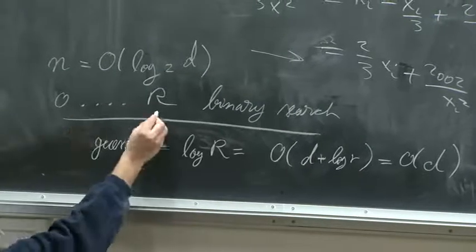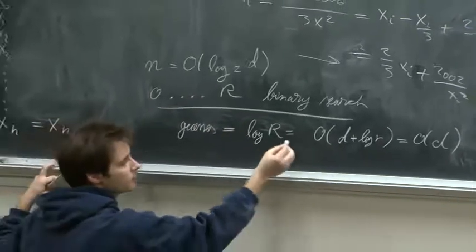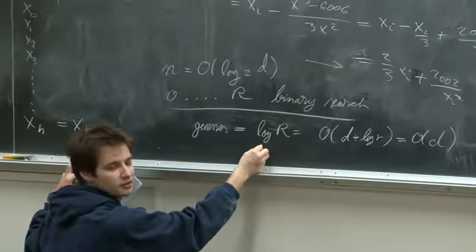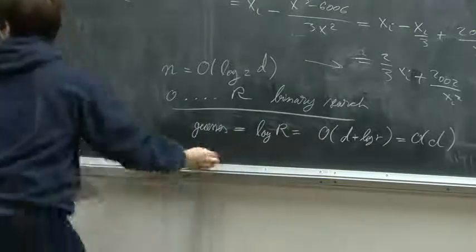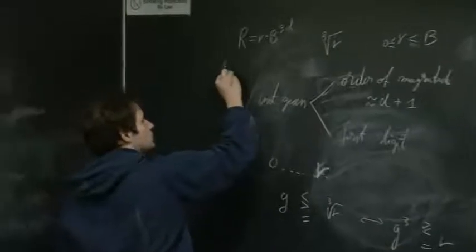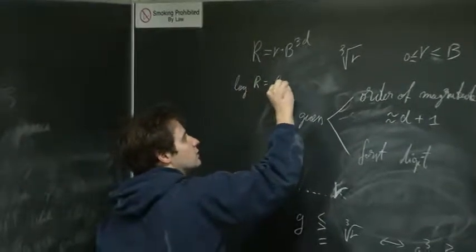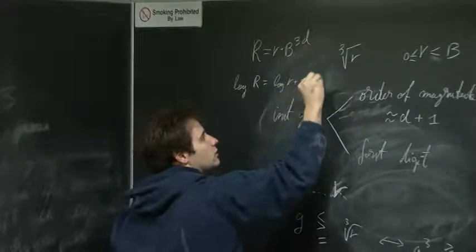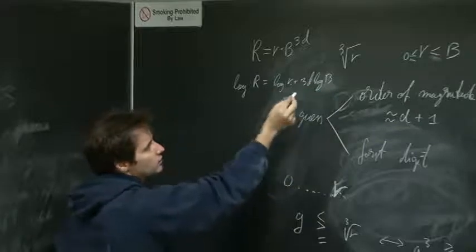So I'm doing a binary search on the range from 0 to R. How many steps? How many guesses? Log R, right? This is binary search. R is little r times b to the 3d. So if we take the log, log R is log little r plus 3d log b. b is order 1, so we get order of d.